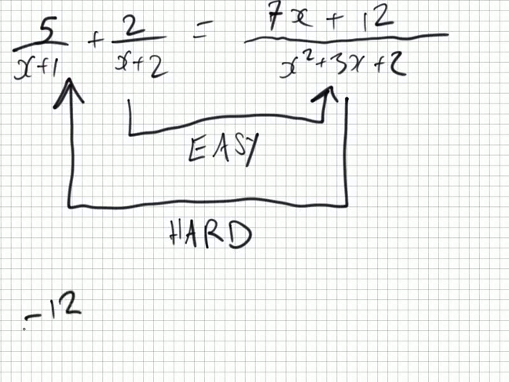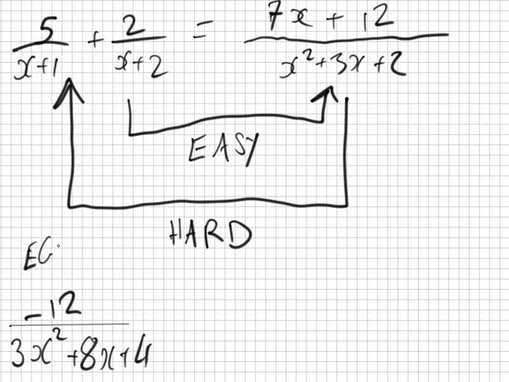So let me give you some examples of how to do it. Let's start off with the first one there, actually. Minus 12 over 3x squared plus 8x plus 4. So this is my first example now.